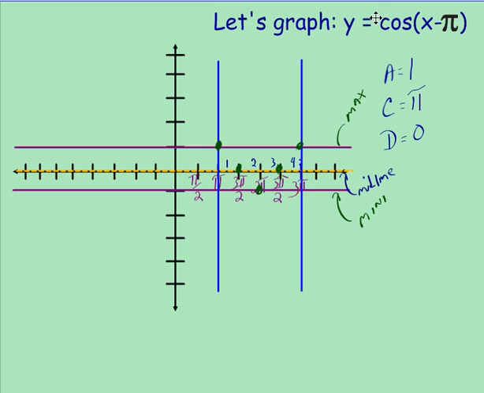And then we draw our curve through all of our 5 critical points. Okay, so that's how we would graph when we have a phase change. Mark your start and end points so that you know where that cosine curve should be.